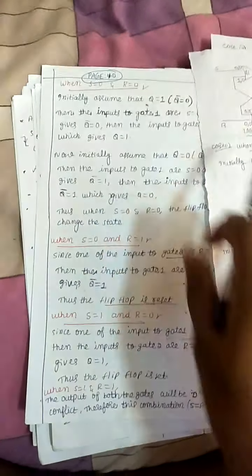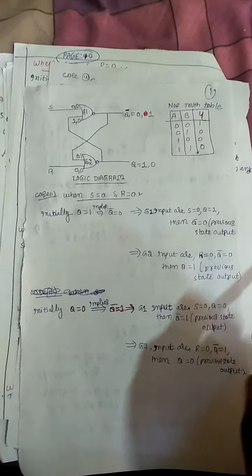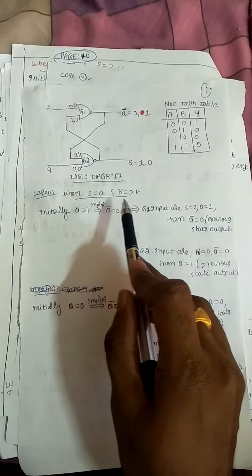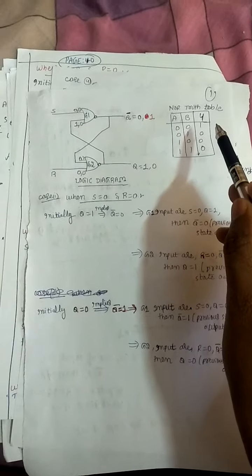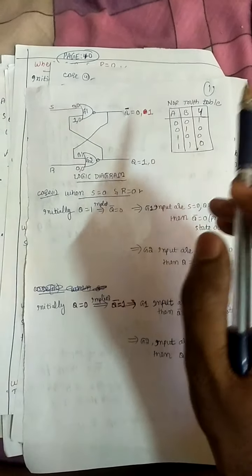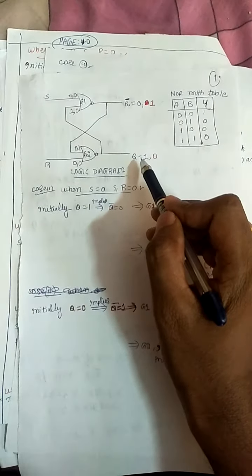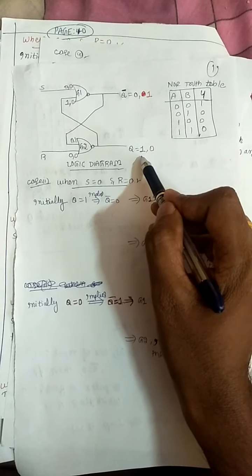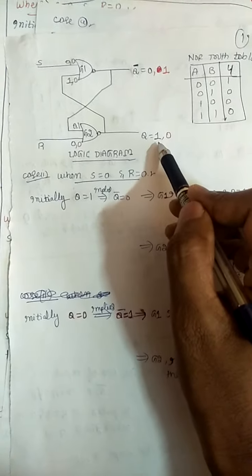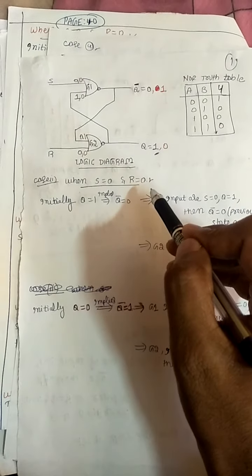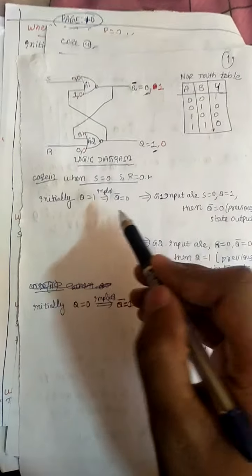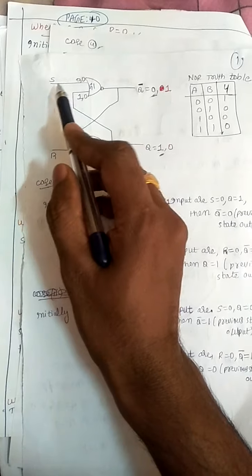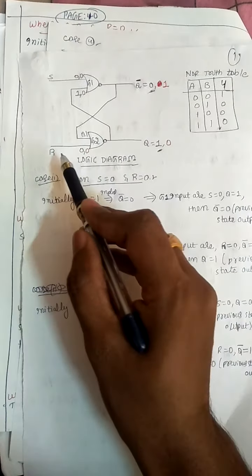We will analyze it. Case 1: when S is equal to 0 and R is equal to 0. These are the two tables for the NOR gate. Initially I will assume that the previous state output at Q is 1, and obviously Q bar is 0. At S is 0 and R is 0.